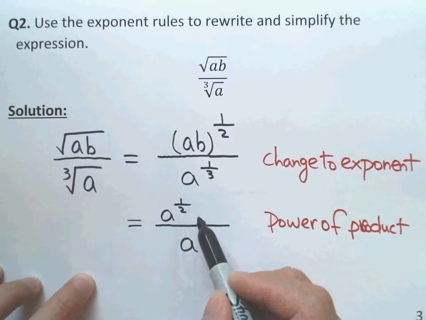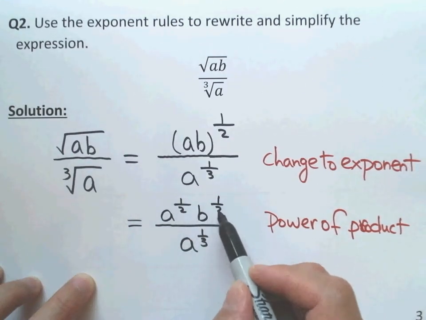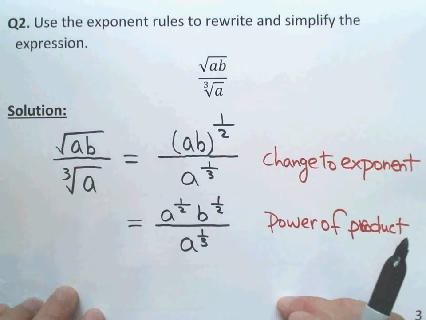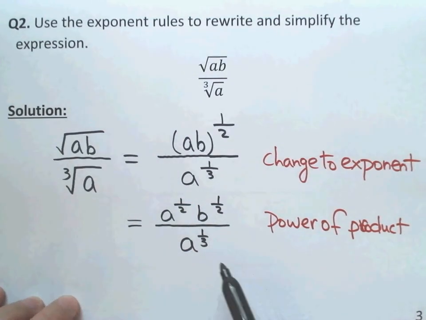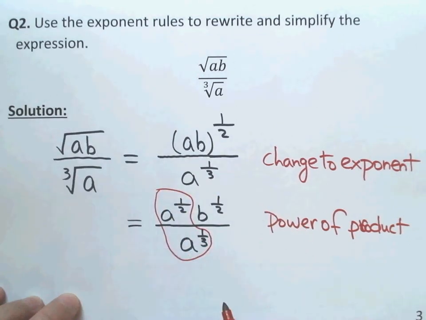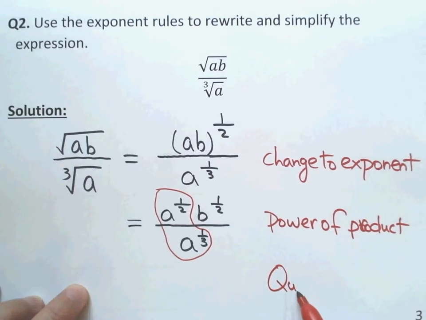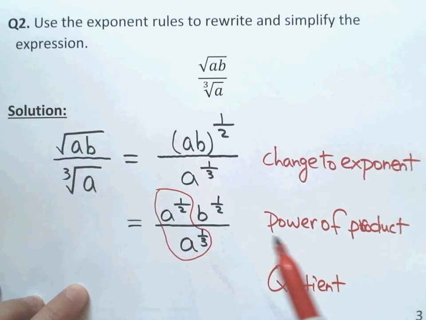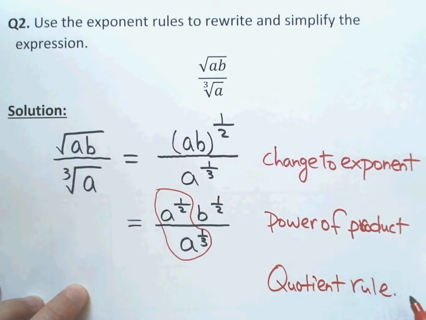So we get a raised to the 1/2 power times b raised to the 1/2 power. This is the power of a product. Then how to simplify? a and a is a quotient, so now we can use the quotient rule to simplify a, because the base a is the same. By the quotient rule we subtract: 1/2 minus 1/3 is 1/6.